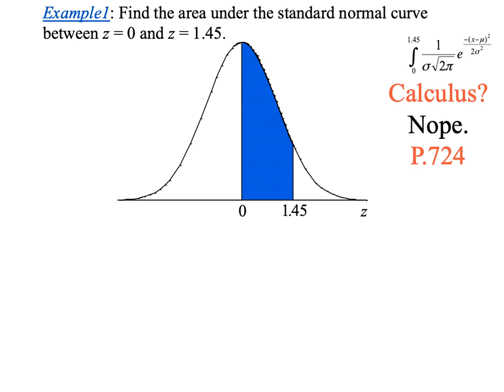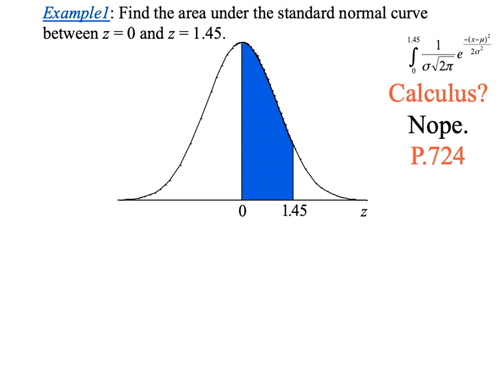And you can see that the highest probability on this sheet is 0.4999. That's because we're always looking from 0 to some positive z-score, and that means half of our probability lies on one side and half on the other, meaning it is symmetric.